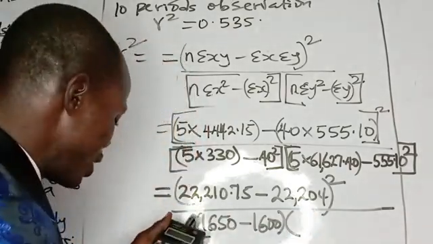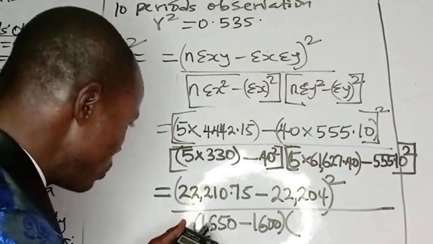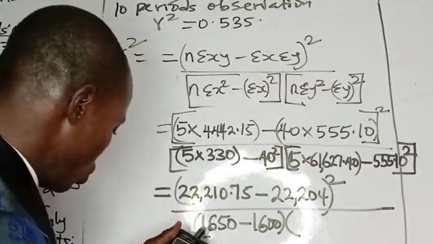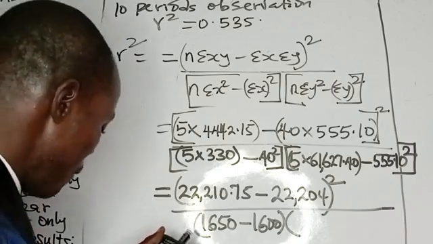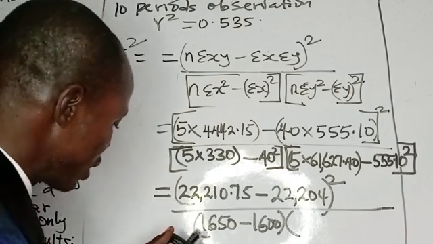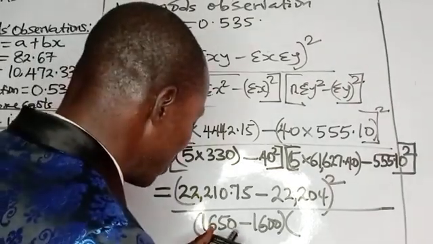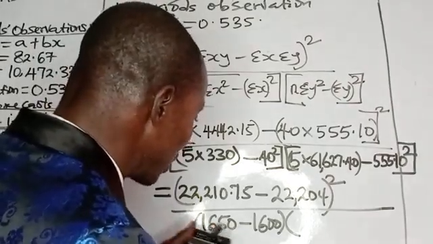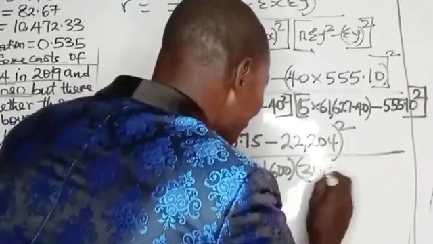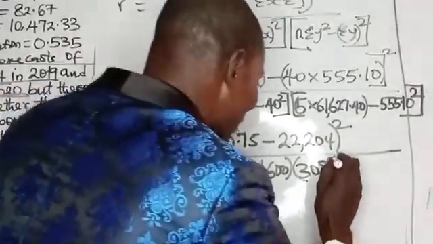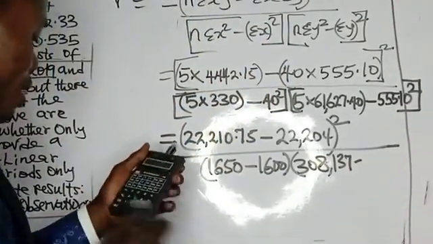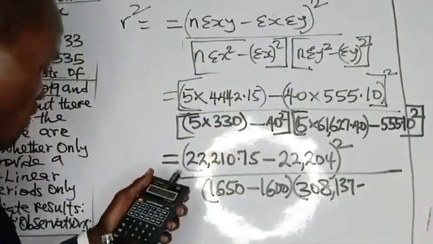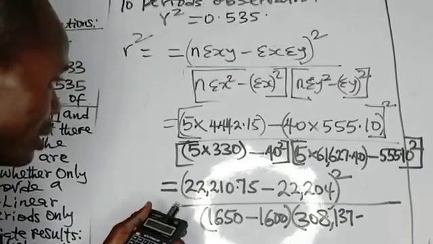5 times 61,627.4 gives us 308,137, minus 555.1 squared.